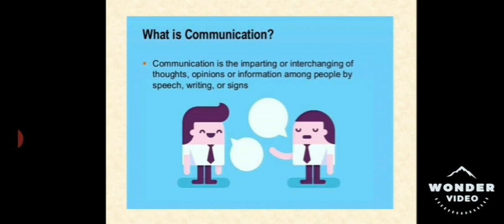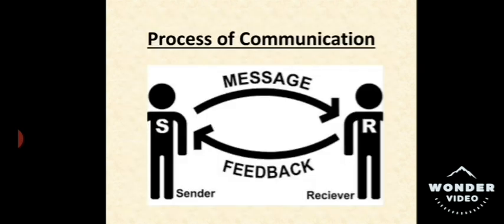Now, before we go into details of elements of communication and other types of communication, first we should understand the process of communication. See, this is the figure showing the process of communication. There are mainly a sender and a receiver.